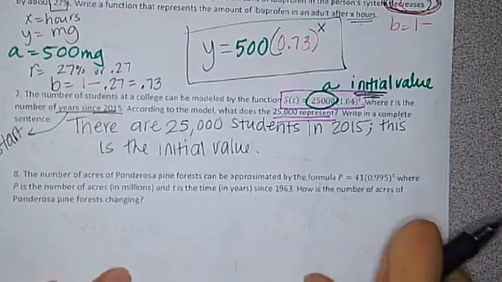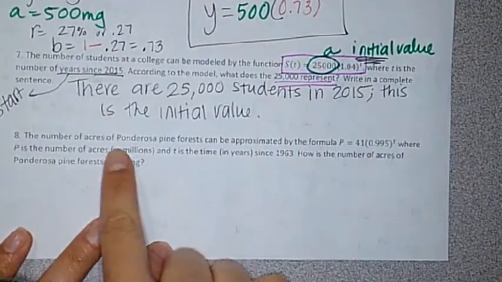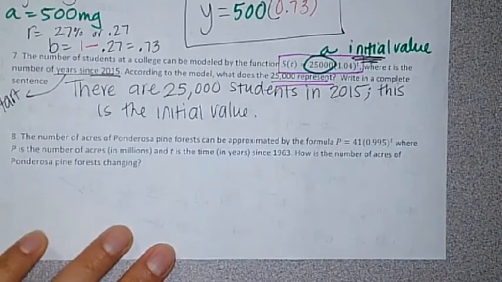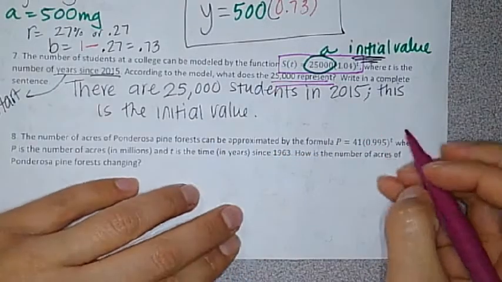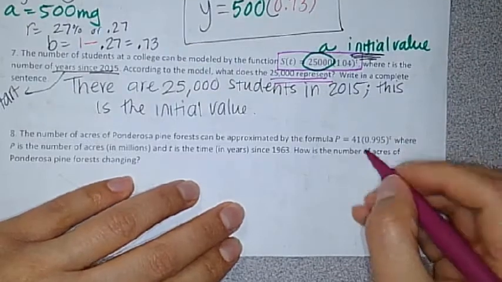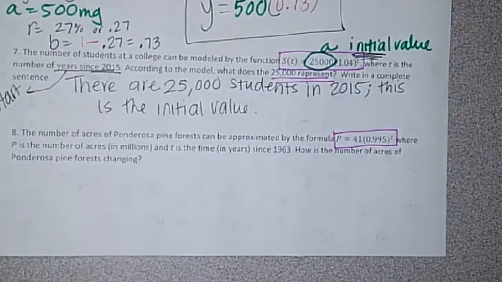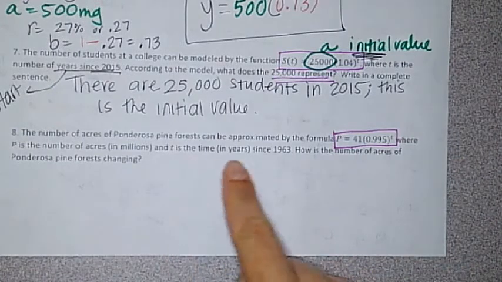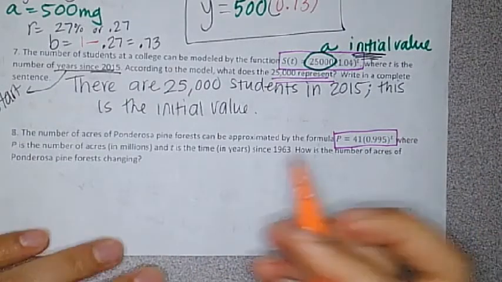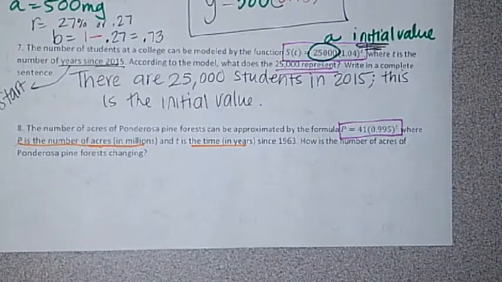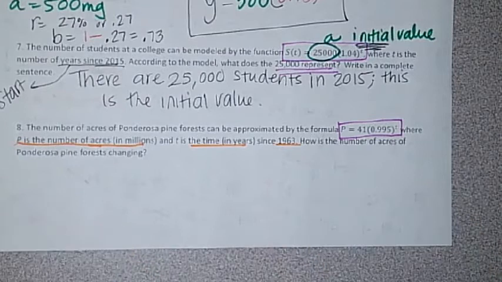All right, so for number 8, the number of acres of ponderosa pine forests can be approximated by the formula P equals 41 times 0.995 to the t power, where P is the number of acres in millions and t is the time in years. Since 1963, how is the number of acres in ponderosa pine forests changing?